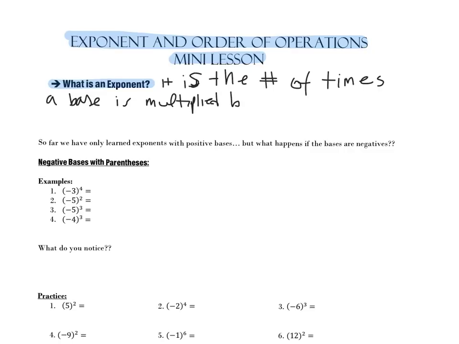Sorry, this stylus isn't the best. My handwriting looks a little terrible on this, so I'm sorry. It's just the stylus. So an exponent is the number of times a base is multiplied by itself.